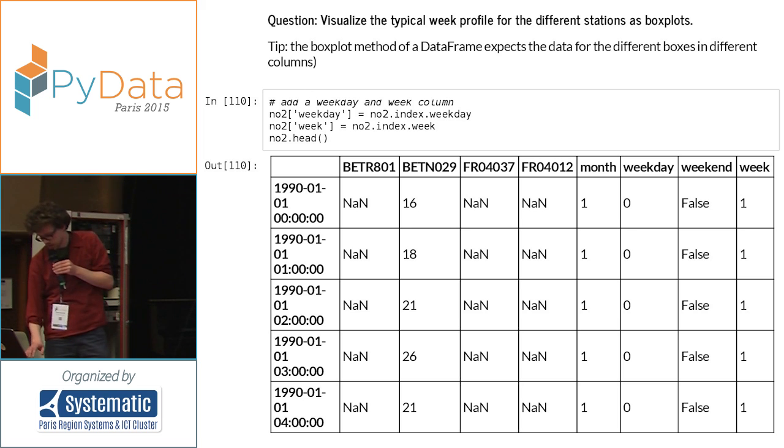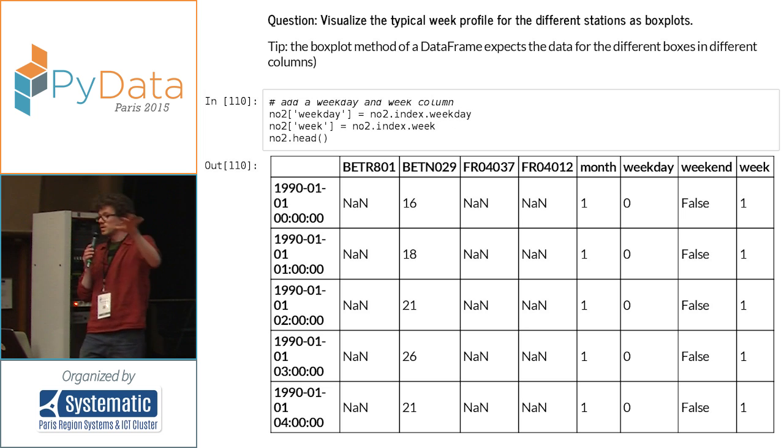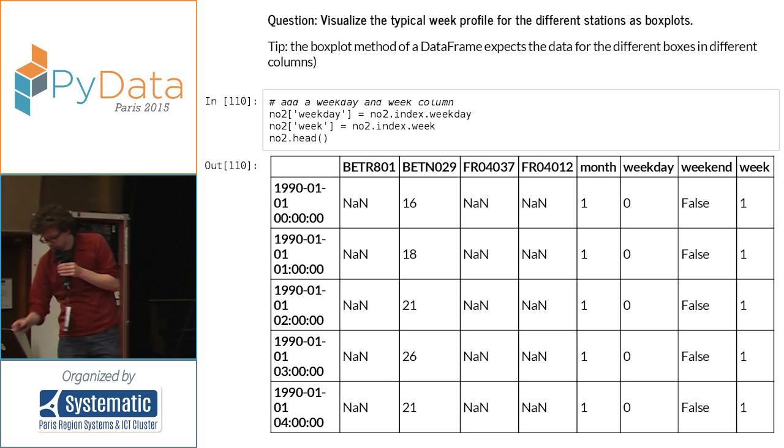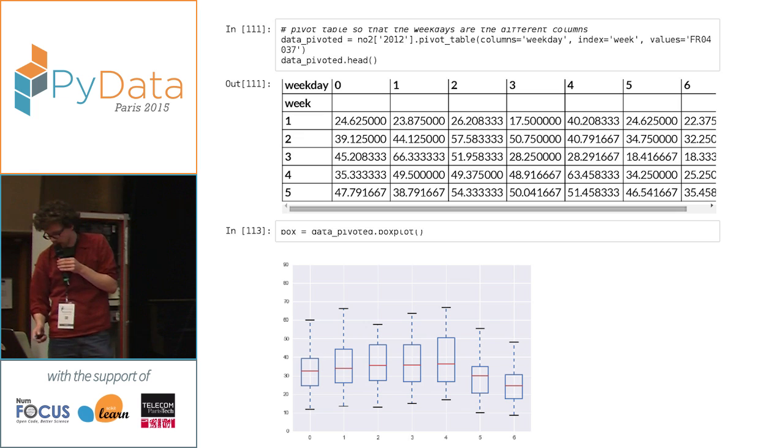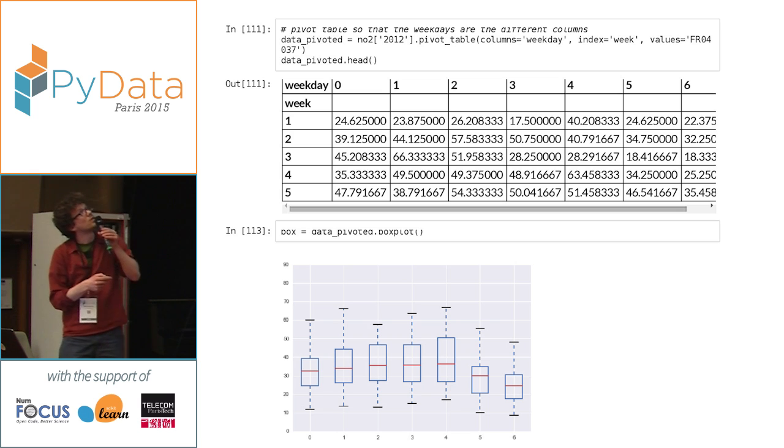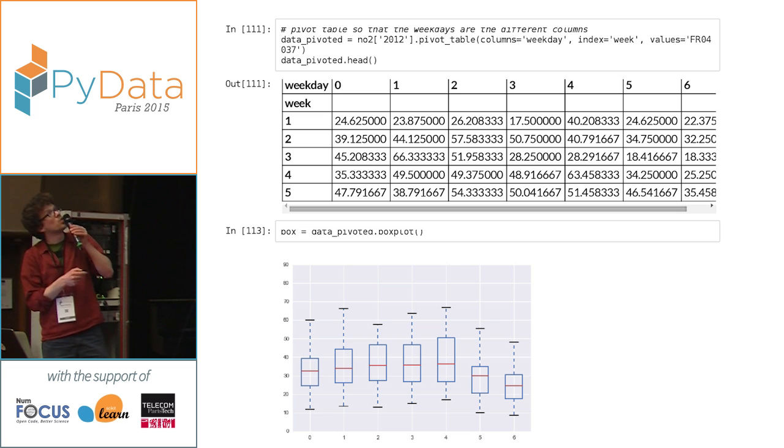Another example is that I want to see the week profile as box plots. Again, I can access some elements of the index, namely the weekday and the different weeks. And then I take, in this case, a pivot table. So I say I want the different weekdays, from Monday up to Sunday, as the columns.